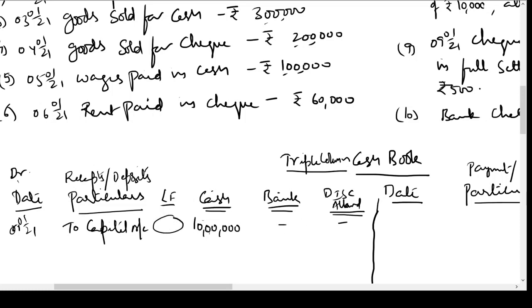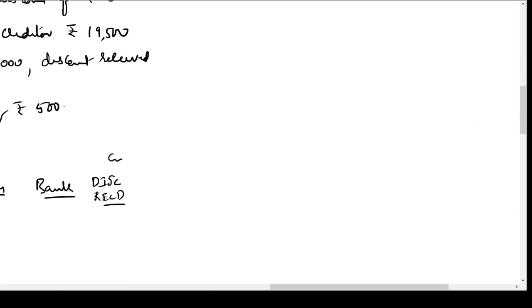The corresponding credit is given in the capital ledger account. We have to write the page number of the ledger where capital account is prepared and where this entry is posted. Suppose it is in page number 33 of the LF, so we'll write 33 here. What does 33 here mean? 33 here means in page number 33 of your ledger we have capital account.